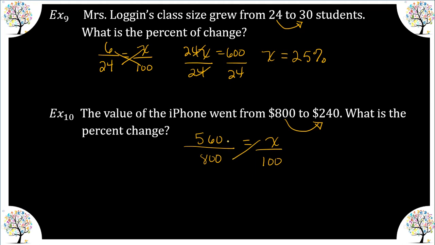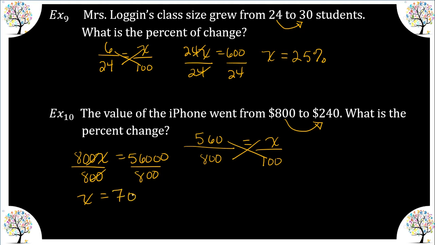Now we're going to cross multiply. We're going to isolate x by dividing each side by 800, and x equals 70%, and this is a percent of decrease.